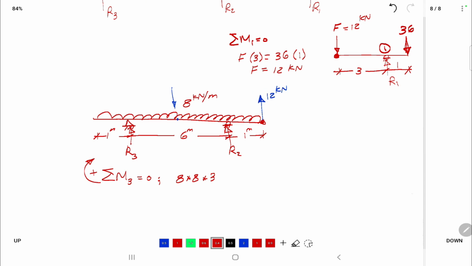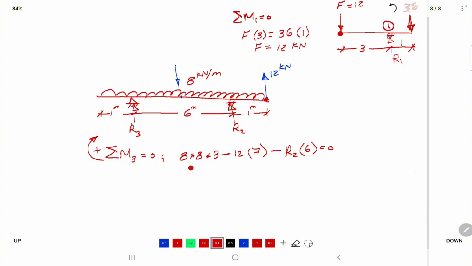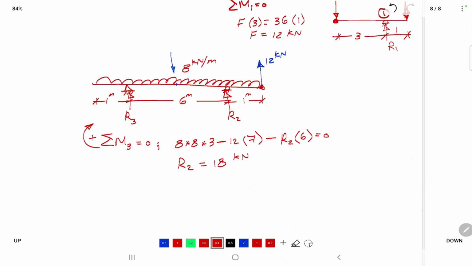Here 12 is anti-clockwise, so it is 12 multiplied by the distance, 1 plus 6, which is 7. And then R2 multiplied by 6 is also minus because it is anti-clockwise, equal to 0. This gives R2 equals 18 kilonewton.